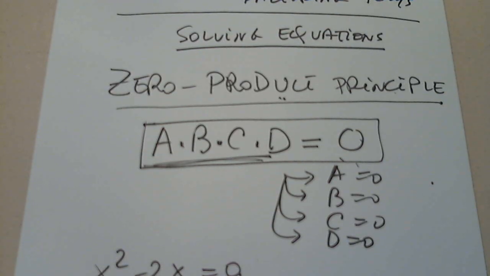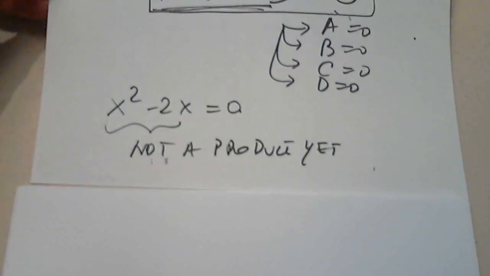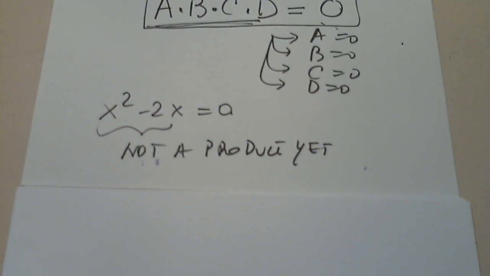So I need to factor. Well, it's a binomial, it's in descending order. Does it have a greatest common factor? Yes, it does. What is the greatest common factor that needs to be pulled out?